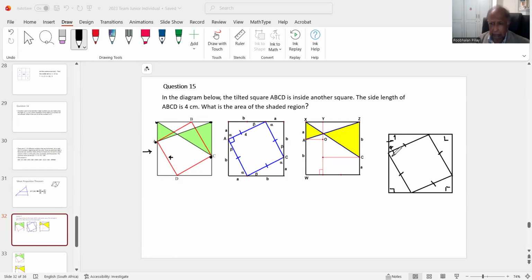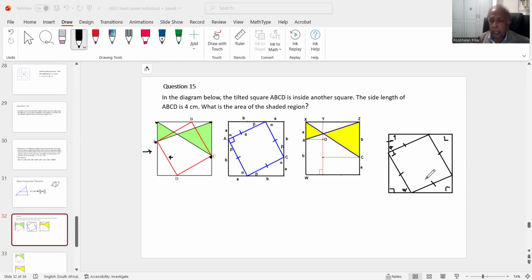But in this right angle triangle, if this is 90 minus alpha, this will have to be alpha, because these two angles add up to 90. So now you can see that these two triangles are congruent.